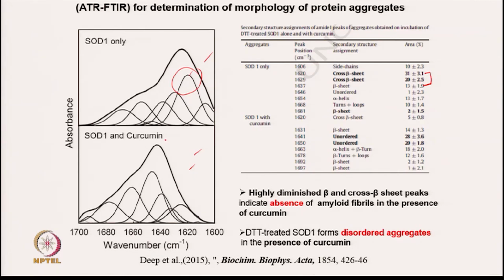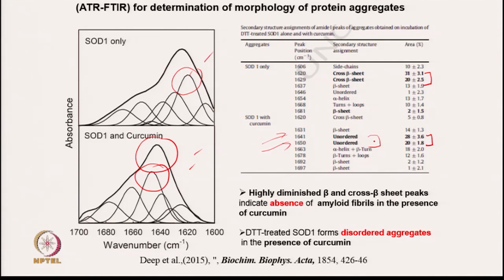Whereas, in the lower panel, the aggregate formed in the presence of curcumin shows peaks with maximum intensity in the region between 1640 to 1650 centimeter inverse, and that tells you that these aggregates have different morphology than the aggregates formed in absence of curcumin, and here aggregates are disordered.